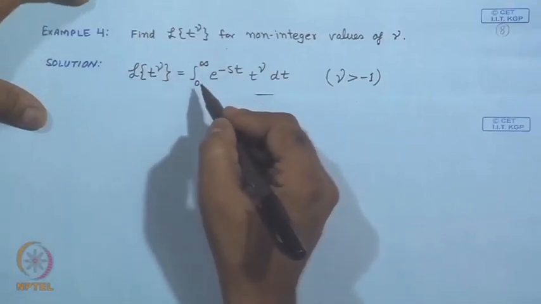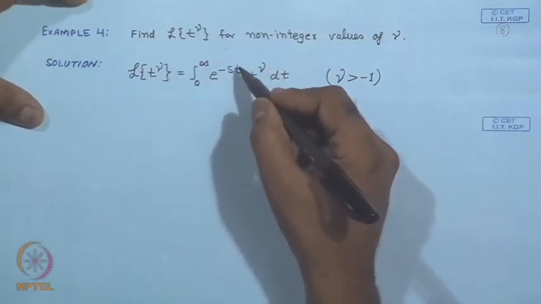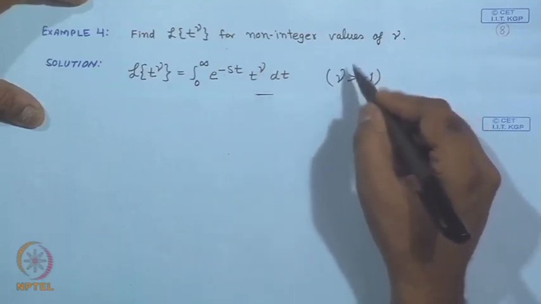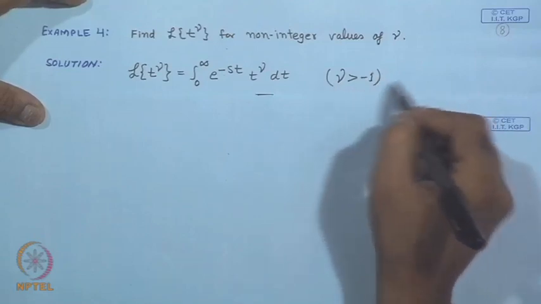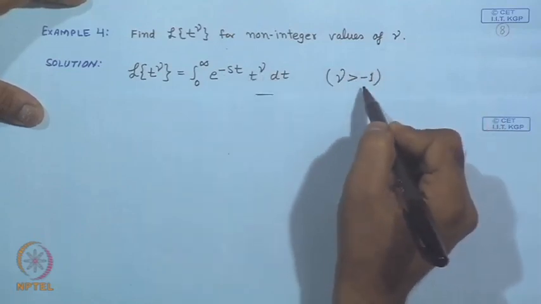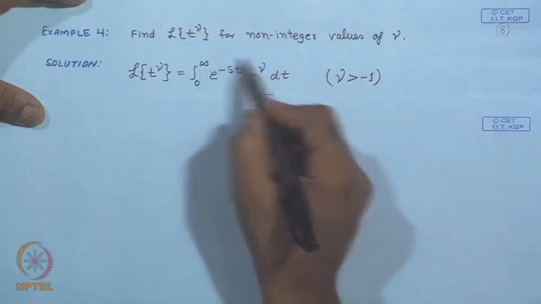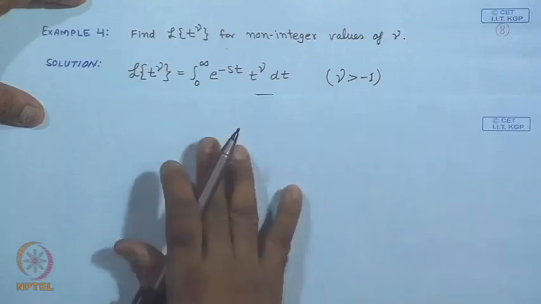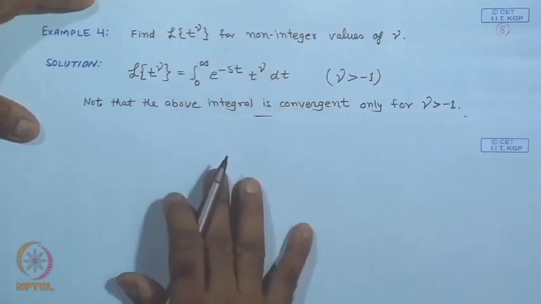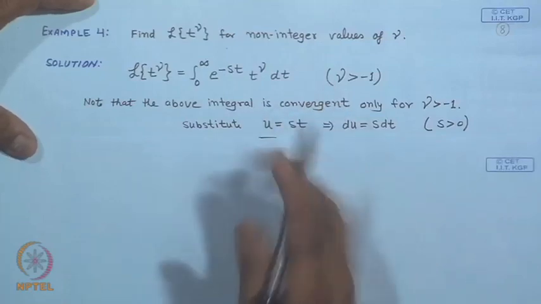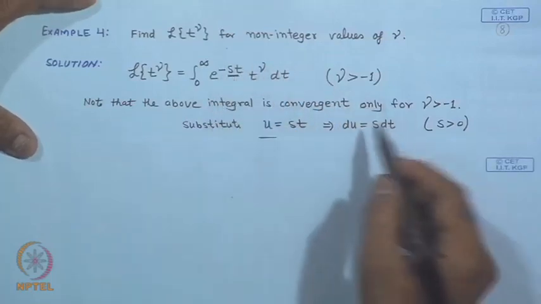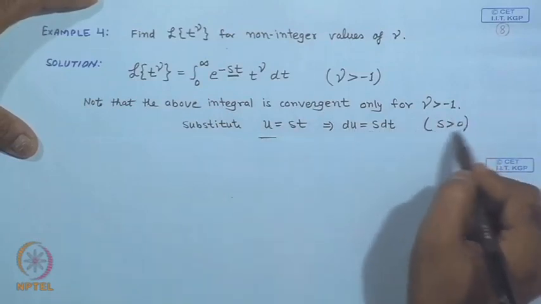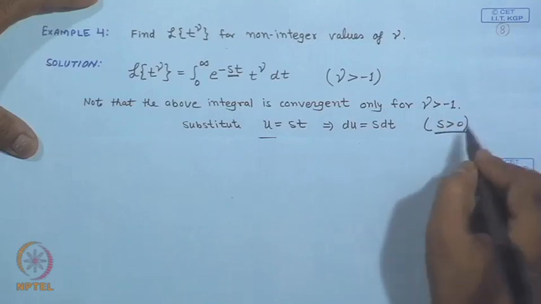We will go again by the definition. So, 0 to infinity e power minus s t and t power nu dt, and nu is greater than minus 1. This is very important, because only for these nu, when nu is greater than minus 1, this integral converges. So, we should have this nu greater than minus 1, otherwise this does not make sense. So, now we substitute this s t to a new variable u, and then we get this du is equal to s dt, and for simplicity we assume that s is real and positive.